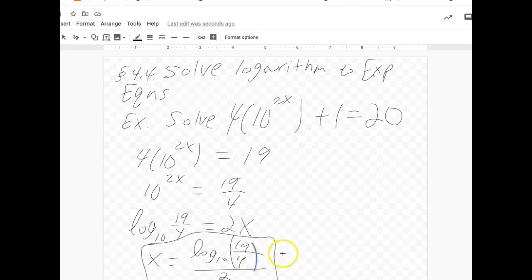If we round this, it's going to be 0.338. Again, it's better just to leave it in that exact form. In the homework, just make sure you're reading the directions to see how they want the answer expressed.